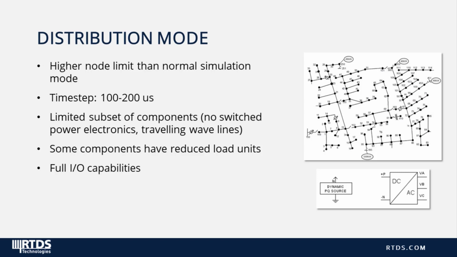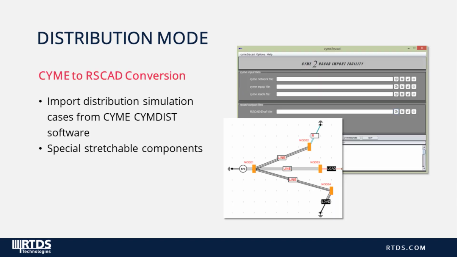The voltage levels are really arbitrary, and the I/O is generic. Distribution mode was just developed in order to help simulate larger feeder models on a given configuration of RTDS simulator hardware if the circuit is a good candidate. If it has some of these traits and it's a good fit, then distribution mode can be a big advantage to the user.